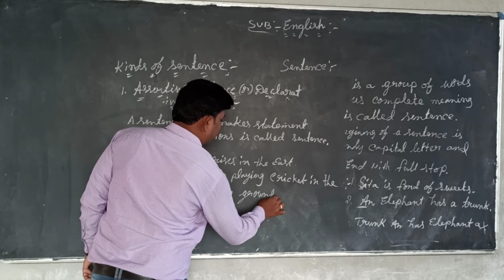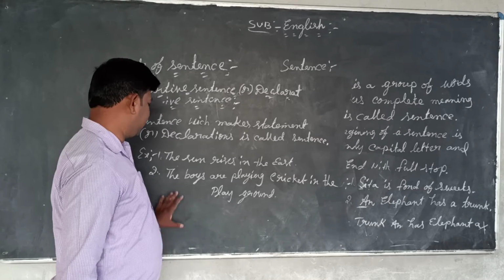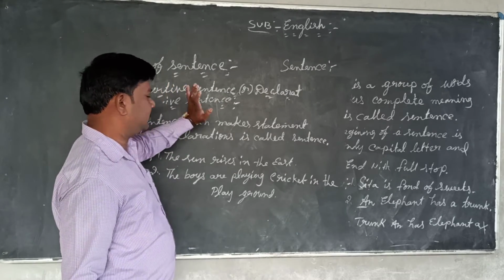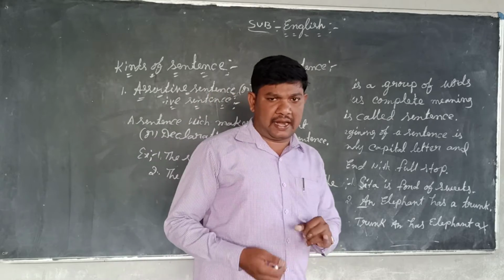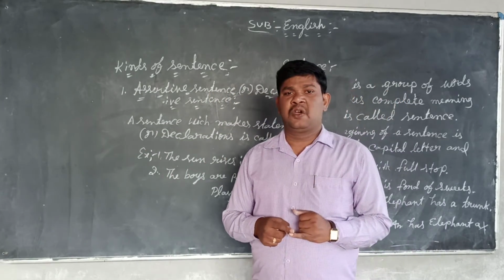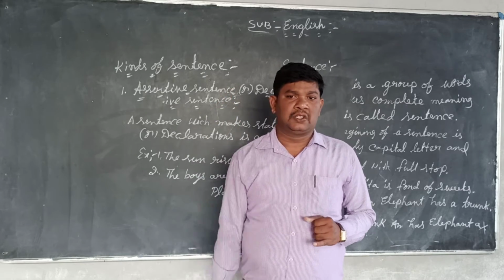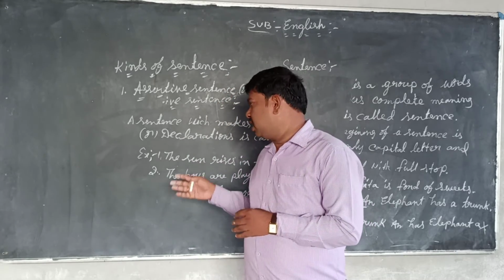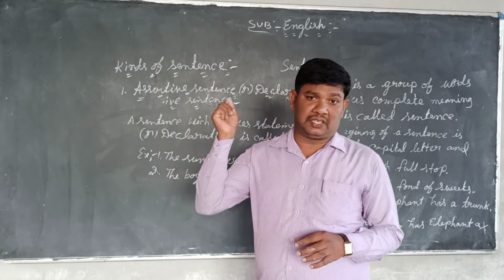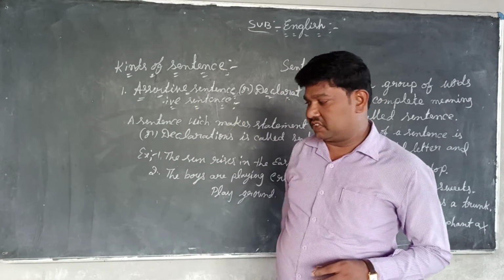This is a declaration. Both sentences come under the assertive sentence. Another example: the cow gives us milk, the birds fly in the sky. These come under the assertive sentence, also called the declarative sentence.